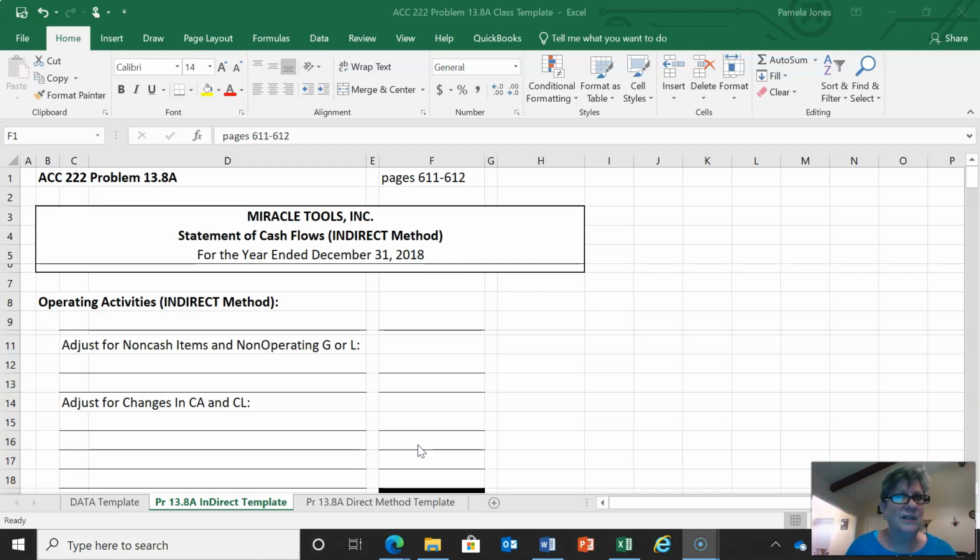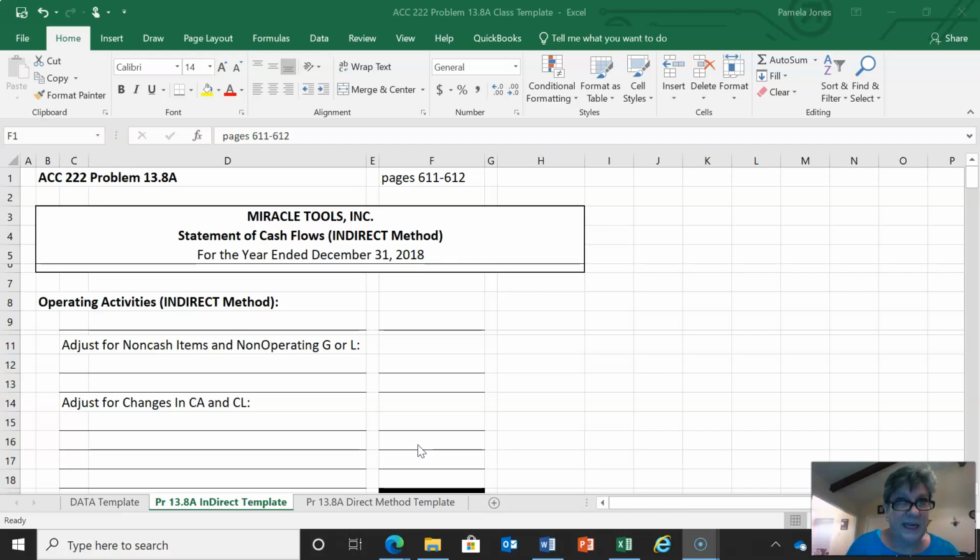The second reason, remember in the last video I told you that if the direct method is used, then a supplementary schedule, which is reconciling income to cash flows from operations, is required. So in other words, businesses that choose to use the direct method have to prepare the cash flows from operating activities section twice.